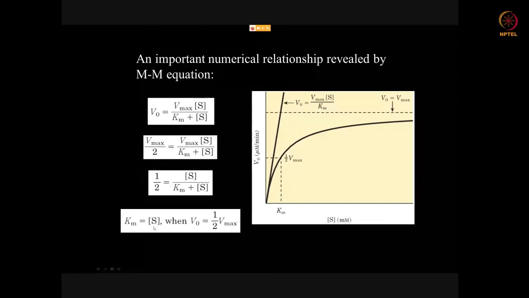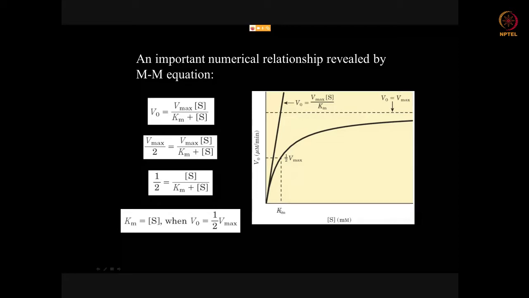Therefore Km actually is equivalent to the concentration of the substrate when the rate is about half of the maximum rate possible. When V0 equals half Vmax, whatever be the substrate concentration for that, like for example here at this substrate concentration, you reach half the Vmax, and that concentration of substrate equals Km.